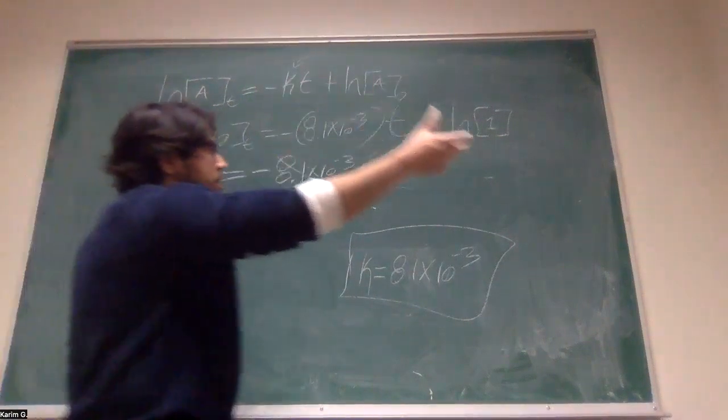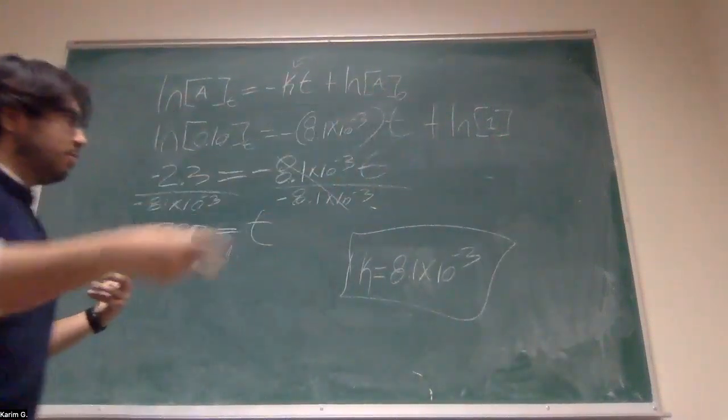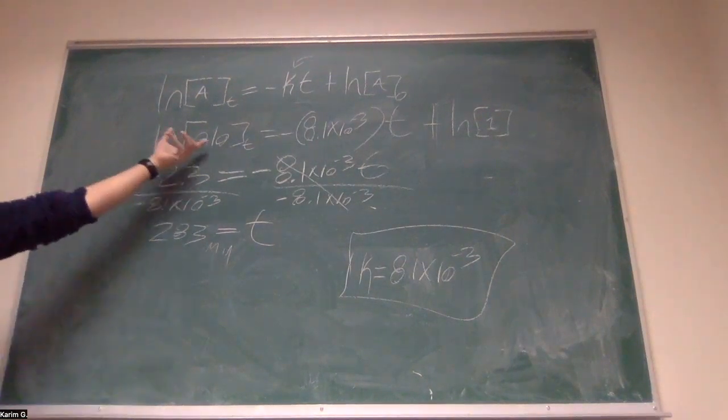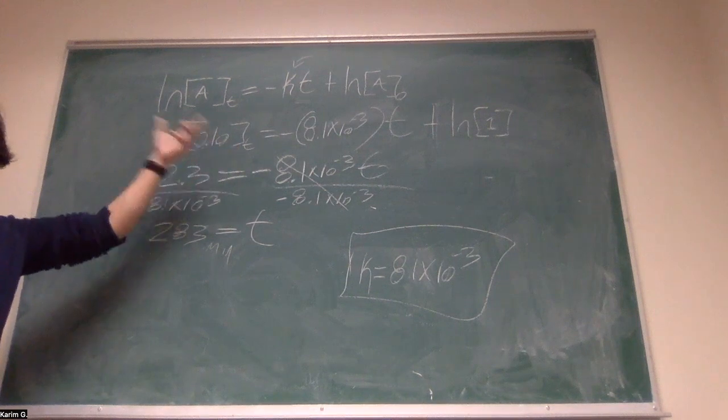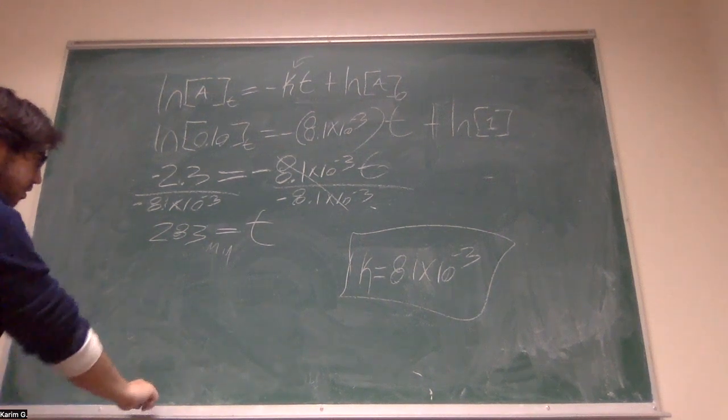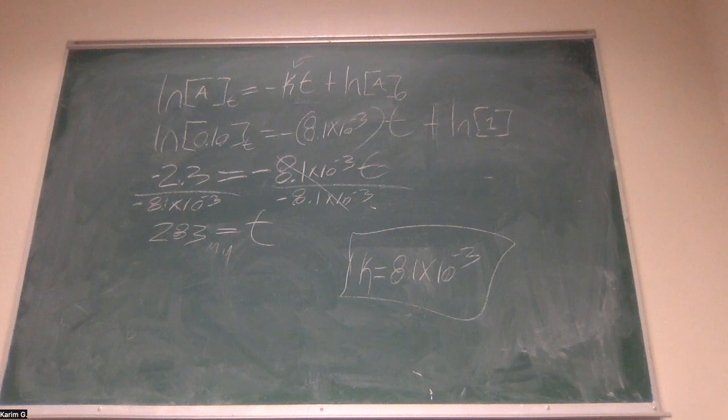We assumed 1 molar, so 90% of 1 molar is 0.90, but we want to know the rest of the reaction, so it's 0.10. So it'd be E. Any other questions you guys want to go over?